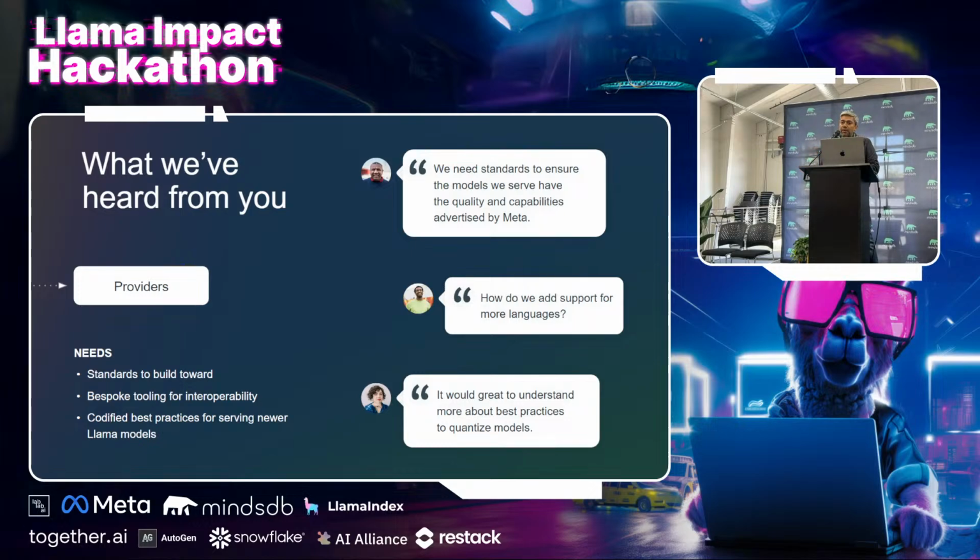They had to first figure out the best way to serve these models, and we would work with them as their partners. Also, because there are no standards they could build to, they had to build a bunch of integrations to other providers in the ecosystem. So there's a lot of complexity for any company trying to provide services on top of Llama models as well.